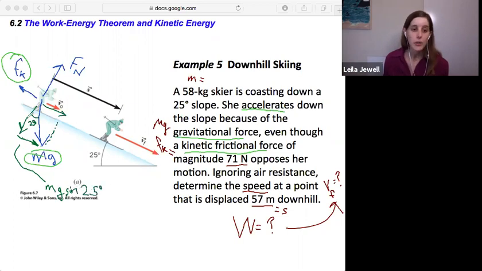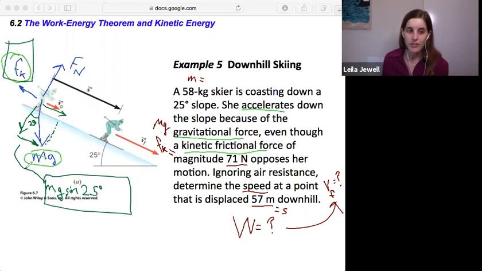And this is the component that is opposing the frictional force that is moving the skier along. So if we want the net force contributing to the skier's motion, it's going to be mg sine of 25 less this frictional force. So that is the key details to this problem to set it up. Let's check out the full solution to solve for the work on the next slide.